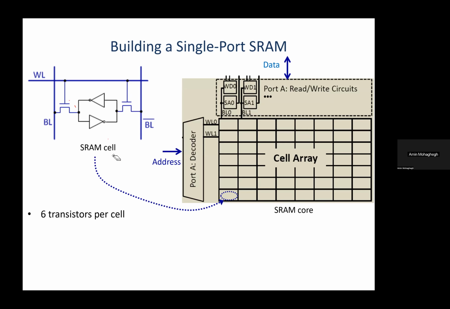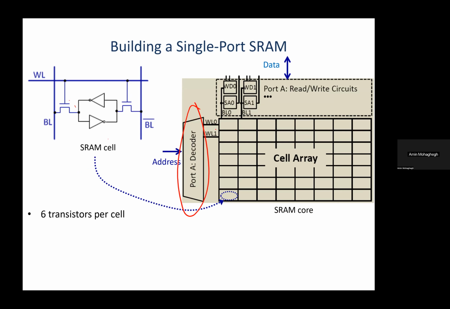To make an SRAM array, first I make an array of these cells. My rows are my words, my columns are data bits within that, and I need to build some peripheral circuitry. So I build a row decoder. I send in an address, and the decoder decodes all possible combinations.